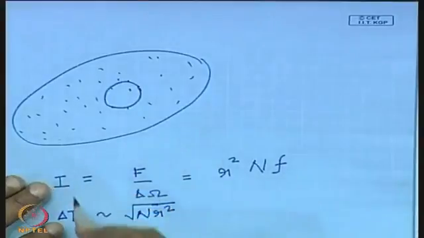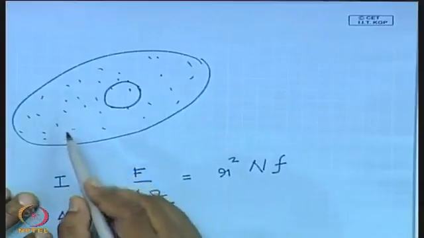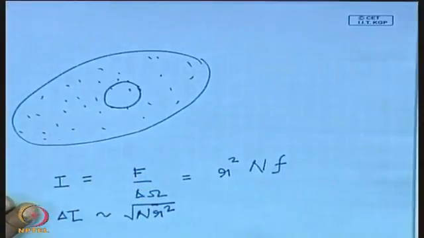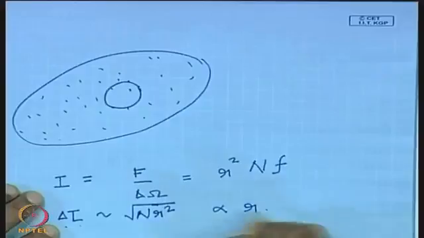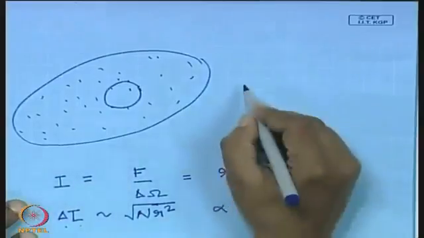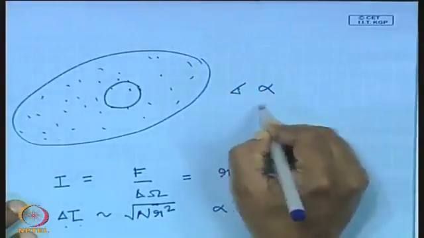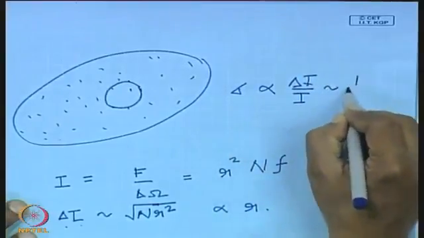N is, let us assume, the same, the number density of stars per unit area of a galaxy is the same from galaxy to galaxy. So, the specific intensity fluctuations will be proportional to r, that is the crux of this argument. Or the relative fluctuation in the specific intensity, that is delta I by I, will scale as 1 by r.